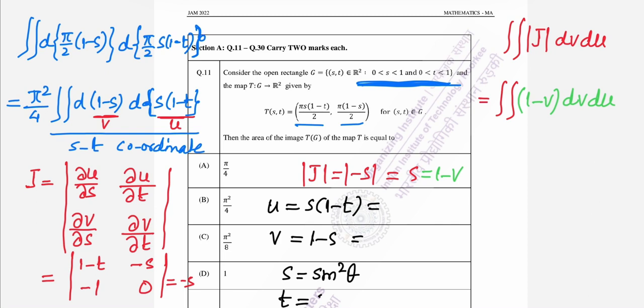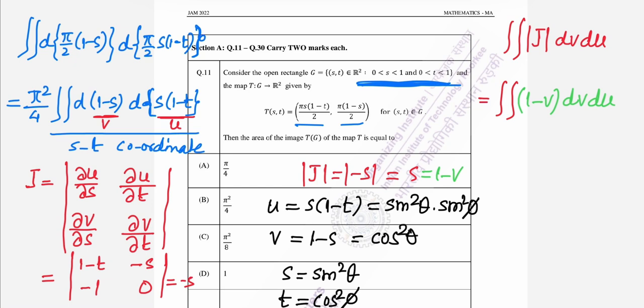Suppose this is cos square phi. Since s and t are independent, theta and phi will be independent. So this becomes sin square theta into sin square phi, and this will be cos square theta.